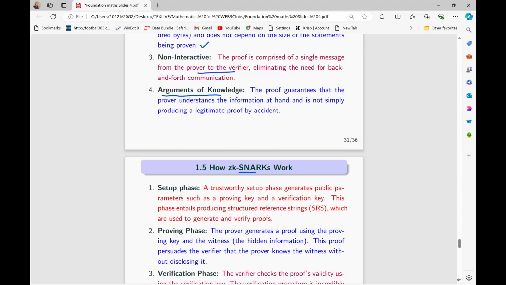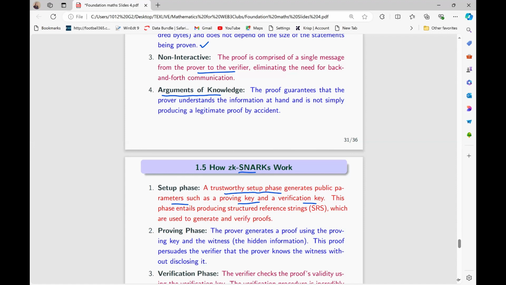The first step, how it works, is the setup phase. The setup phase is a trustworthy setup phase which generates public parameters such as a proving key and a verification key. Remember that we said these keys are generated before the transaction.